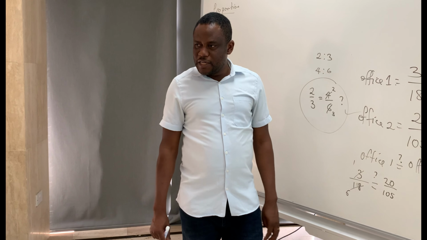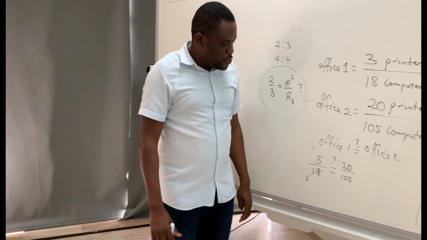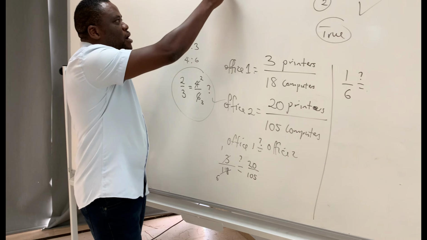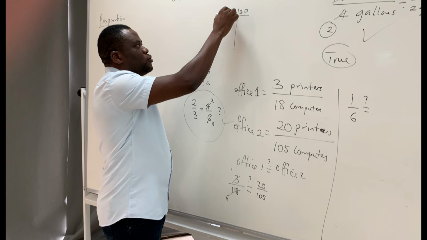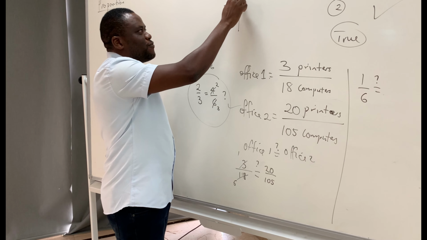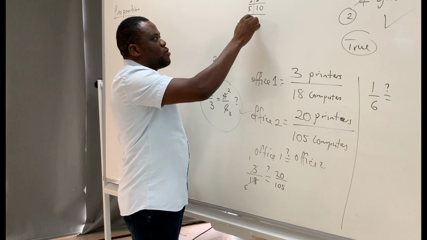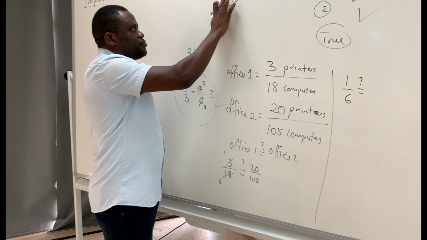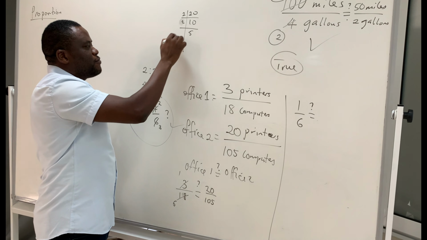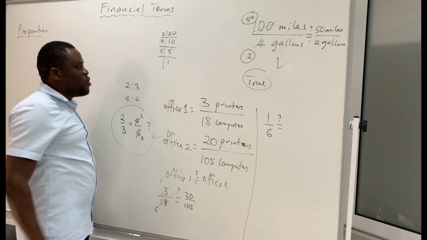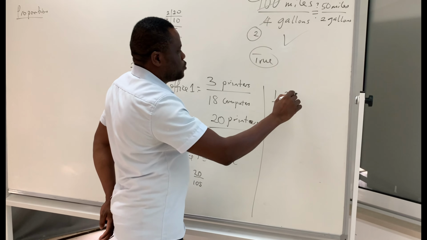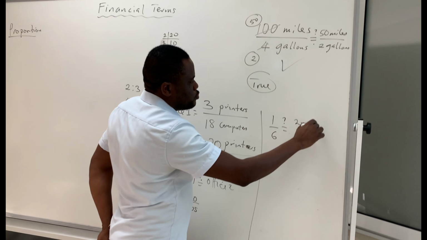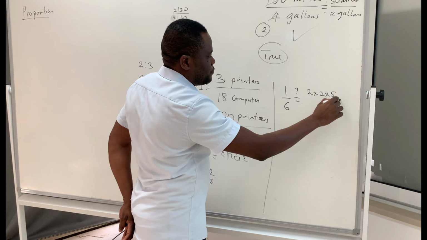So we can divide it, right? If you want, you can use our normal method. 20: 2 can go, so we have 10 left. 5 can go, 2 can go again. We have 5 and 5. We have 1. So for the top, we have 2 by 2 by 5.